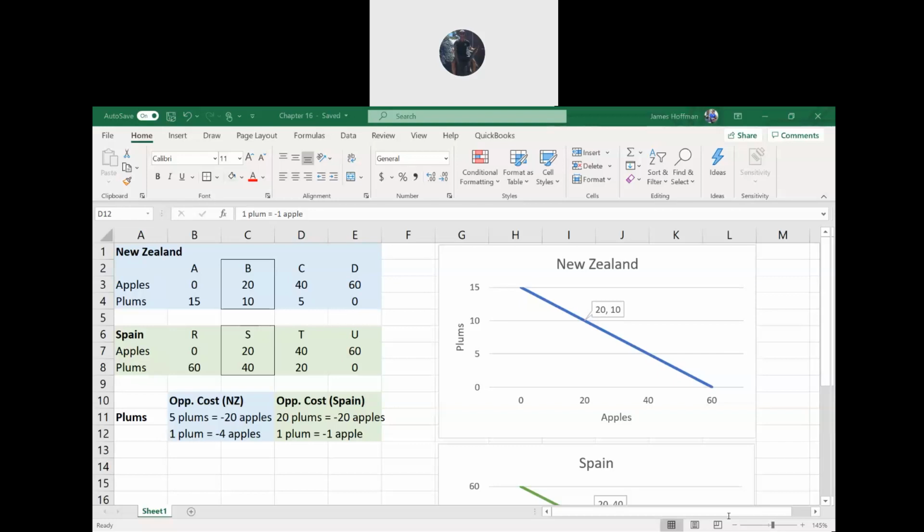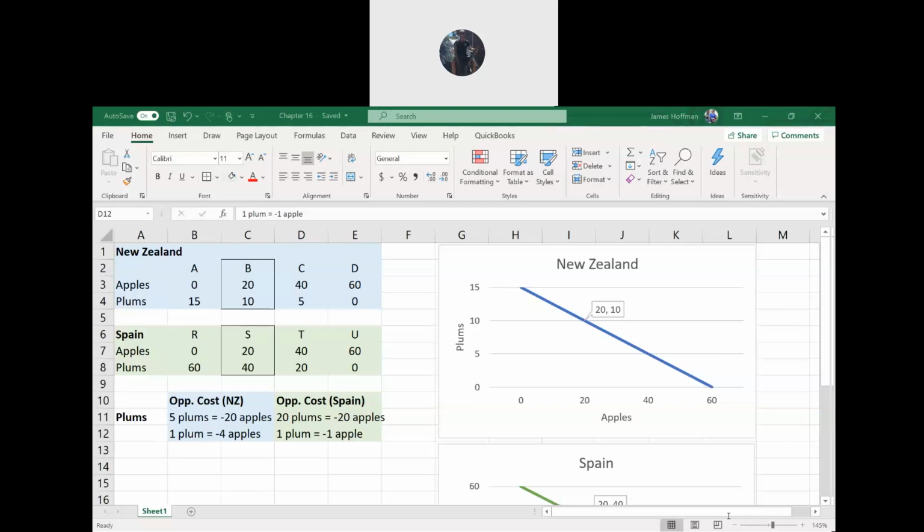It's kind of a weird concept, but you're trying to see who gives up less. And that's valuable because whoever gives up less should produce it, since their opportunity cost is much lower.